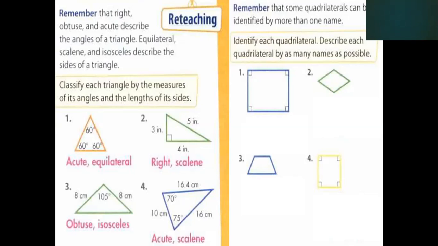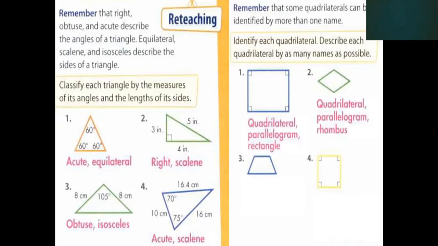Question number 2, identify each quadrilateral and describe each quadrilateral by as many names as possible. So the first one is a quadrilateral, parallelogram, and this is called a rectangle. Question number 2 is a rhombus, and parallelogram, excellent, and quadrilateral.